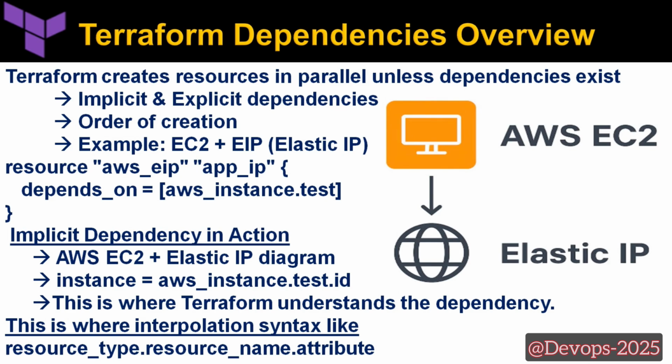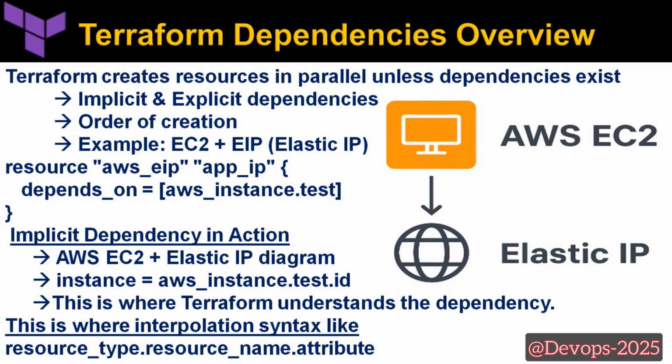I will create a new resource called Elastic IP, which is called EIP. Whenever you create a server in AWS, it gets different types of IPs, which are called public IP and private IP. Public IP allows access from the internet, while private IPs are used within your network.